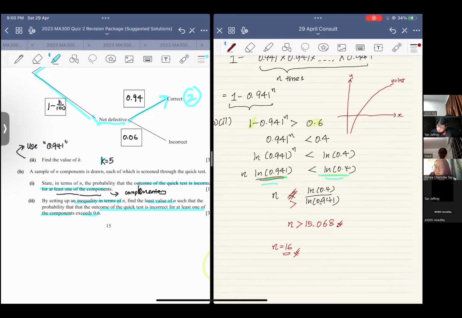If 1 is over here, you can see that in this portion, when x is between 0 and 1, your y value is negative. Does it apply to both log and ln? Yes, it applies to both log and ln.